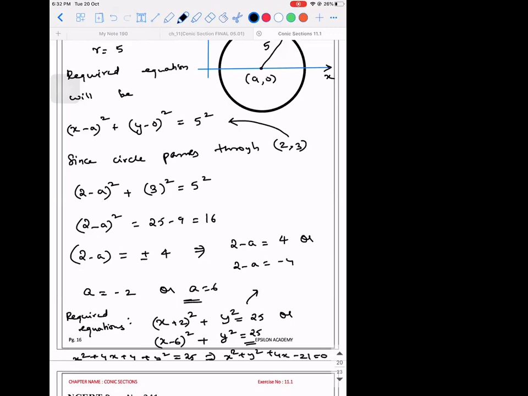Is this the first equation that is given? Yes, sir. And you can expand the other one and you will get the same answer: x square plus y square minus 12x plus 11 is equal to 0, since 36 minus 25 is 11.